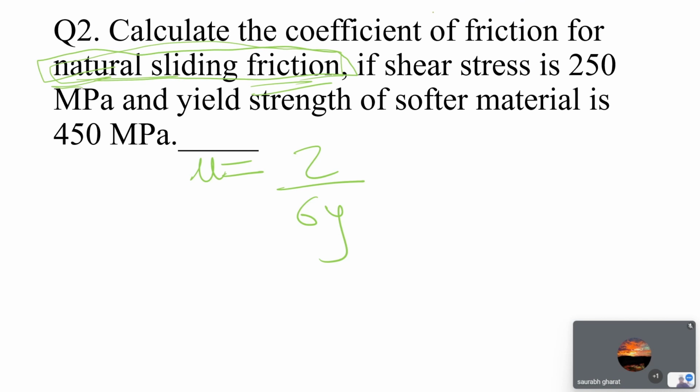In the natural sliding friction zone, the coefficient of friction is constant and can be related to this value.